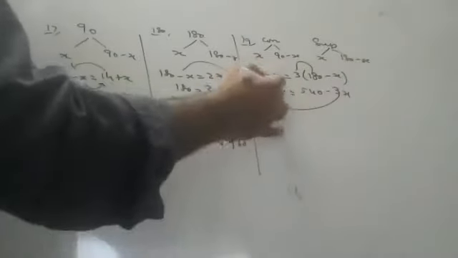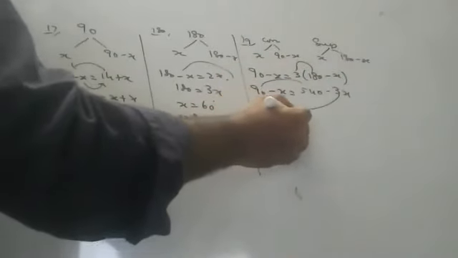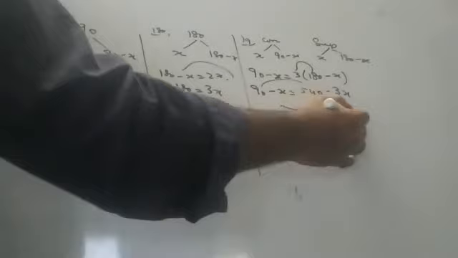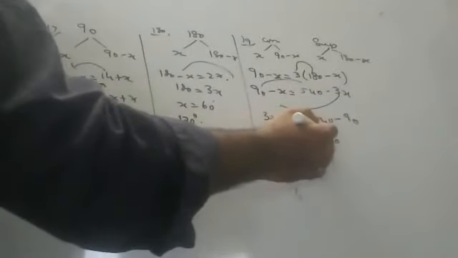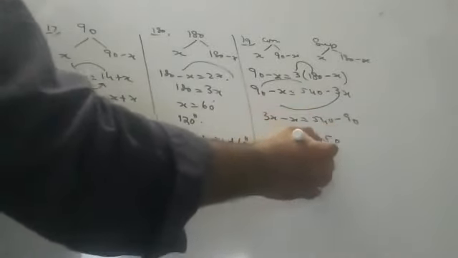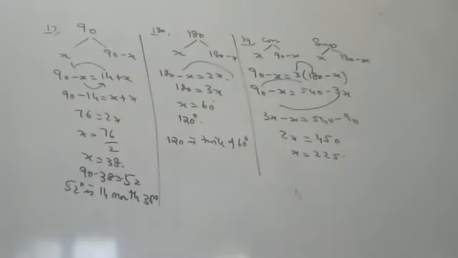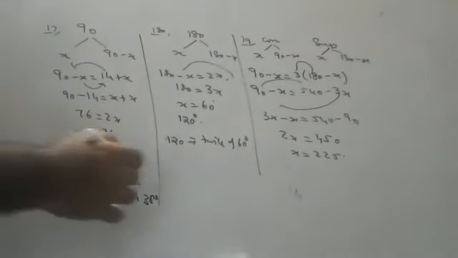So this comes here, 90 goes there: 3x minus x is equal to 540 minus 90, 2x is equal to 450, x is equal to 225. X is equal to 225.